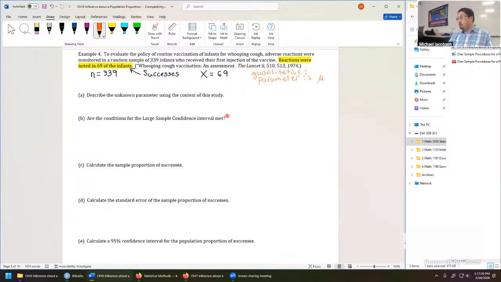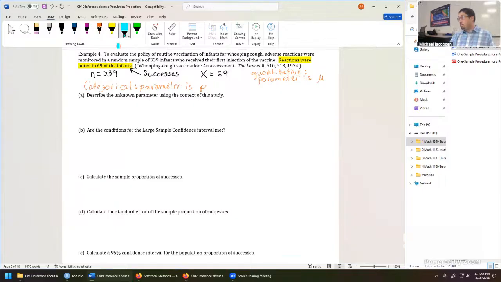But these data are categorical. So that means the parameter is P. So we should lead off by writing, when we say unknown parameter, we'll begin by saying P equals, not mu this time.